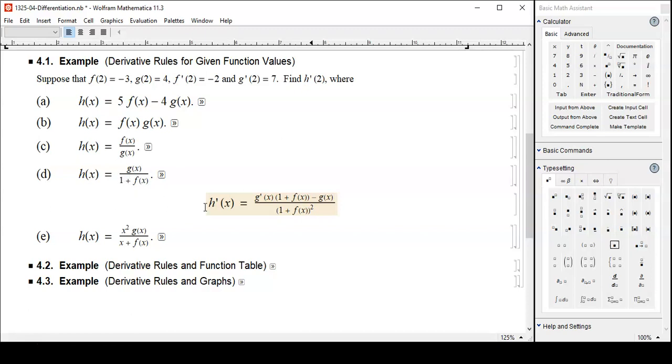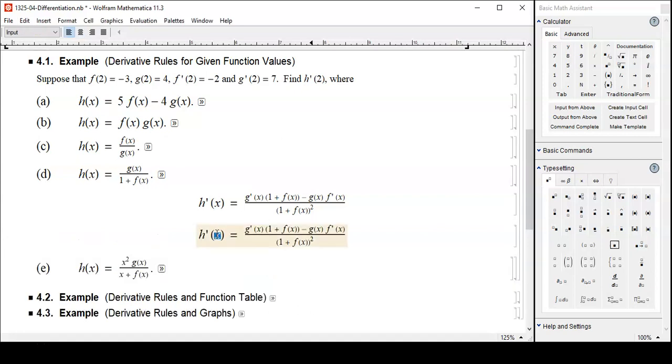This plus 1 goes away, and we just get f prime of x. And then, if you're interested in h prime of 2, well, you can plug in x equals to 2 to all these, and then look up all those values.